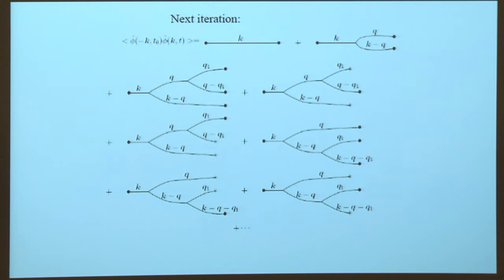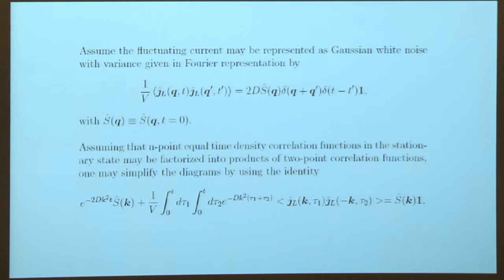You can iterate it again and get diagrams like this, with now two branchings and several things. Notice that you get terms with two fluctuating currents for different values of the wave numbers. But this can be simplified by using properties of the fluctuating current, which I'll assume can be represented by Gaussian white noise, with variance given in Fourier representation.